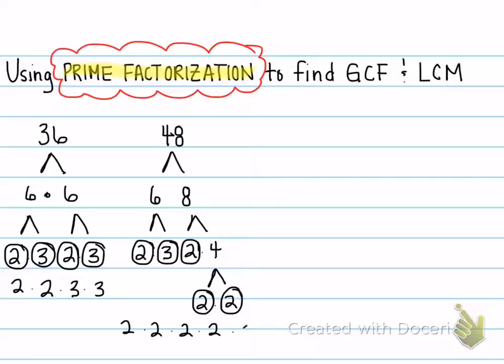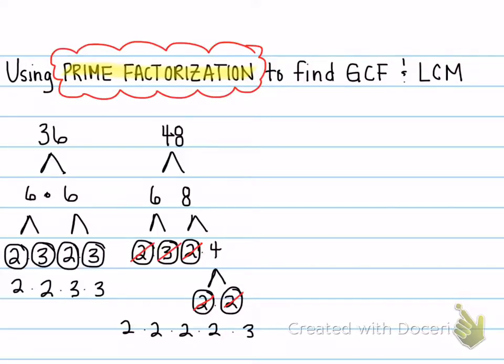And I'm going to go back and make sure I did that right. I had 1, 2, 3, 4 2s, and then the 3. Okay, so then what you're going to do is take those prime factorizations and line them up.